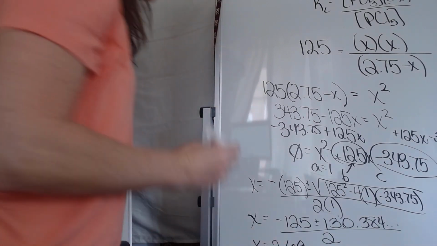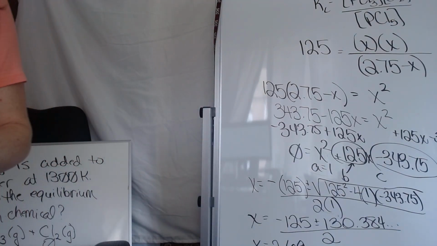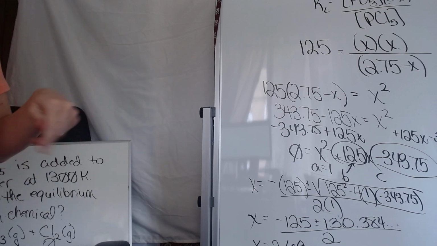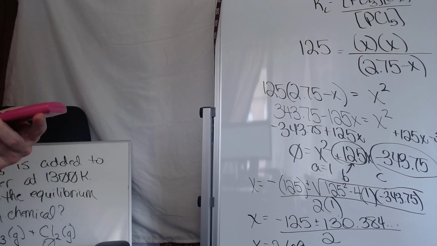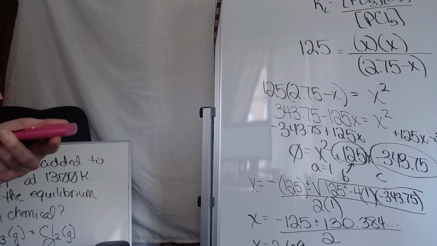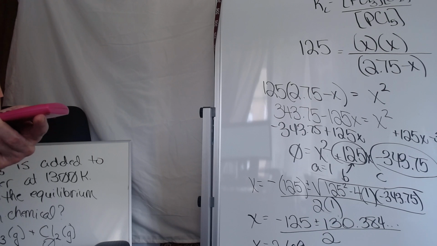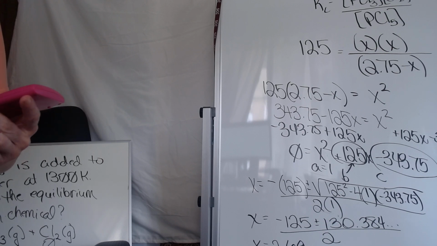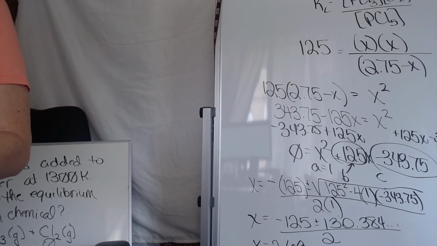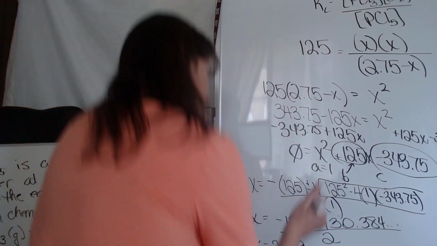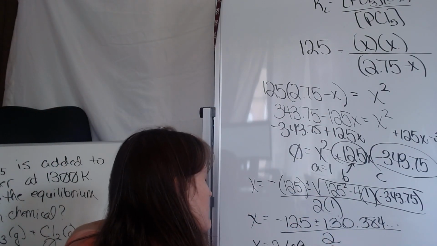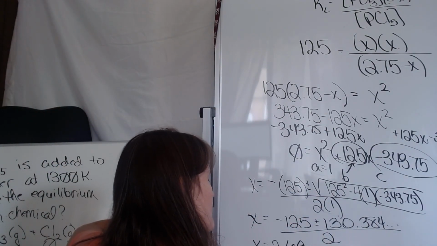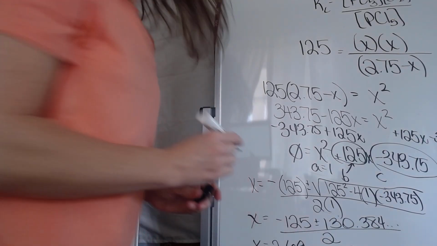That's one possible answer. The other possible answer is when you subtract 130.38, so negative 125 minus 130.384 divided by 2. I got negative 127 or 128. Okay, so those are the two mathematical x answers.